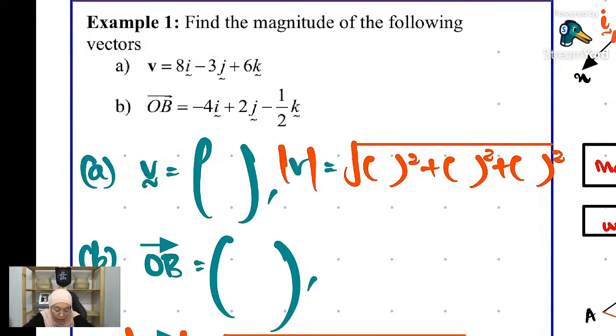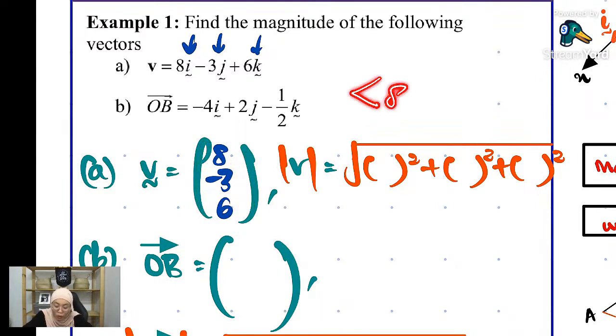Okay. So, the way of writing when solving vectors, I really love using this bracket, the one that stretches downward. So we have 8, we have negative 3, and we have 6. Okay, and so instead of writing it as i, j, and k, I love to write it down as 8, negative 3, and 6 downwards.